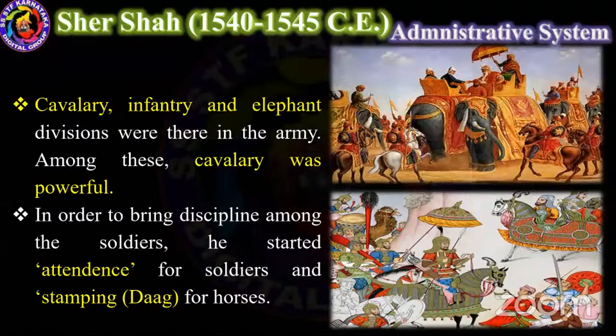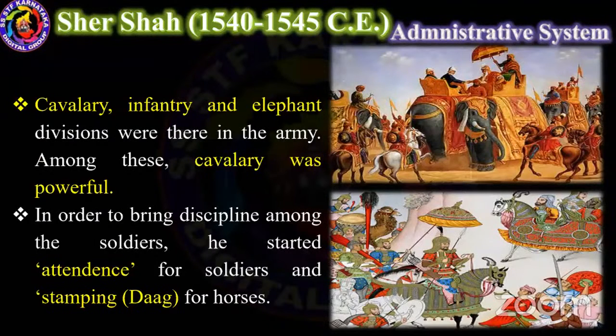To maintain discipline in the army, he started taking attendance of soldiers, and he also implemented another system of stamping, called dagh, for horses. Why did he implement these two systems? To maintain discipline and to know how soldiers worked properly and how they showed their loyalty towards their empire.